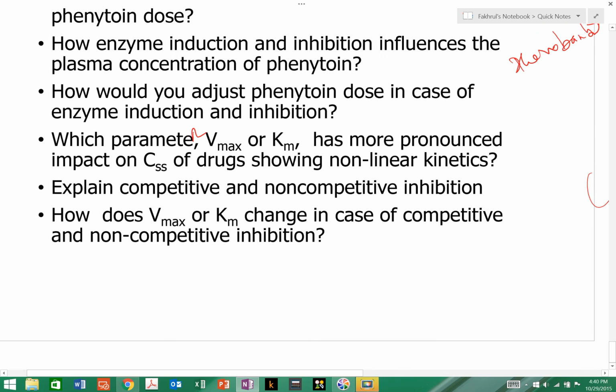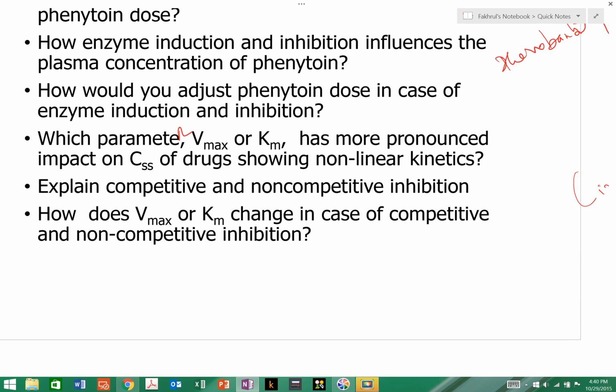And then, which parameter, Vmax or Km, has more pronounced impact on CSS of drugs? Vmax has more pronounced impact. If you go back to the note, and then explain non-competitive and competitive inhibition. How do Vmax and Km change in case of competitive inhibition?